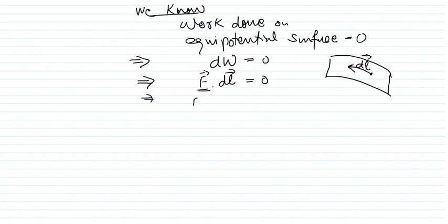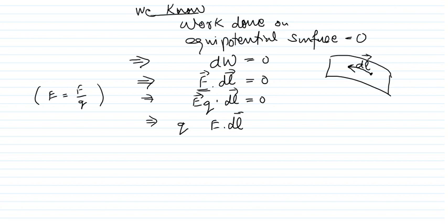But F is equal to what? E is equal to F upon Q, so F is equal to E multiplied by Q. So Q E dot dl must be equal to 0, and Q we take out, so E dot dl must be equal to 0.